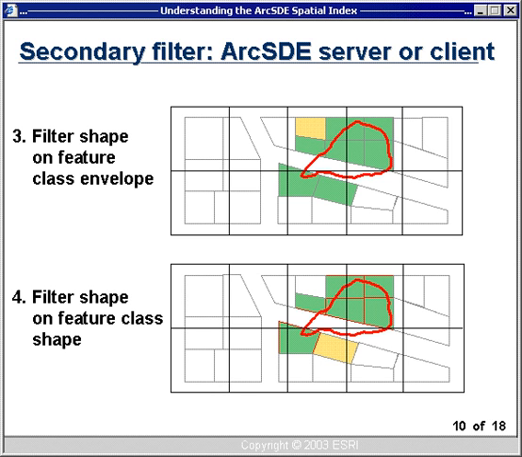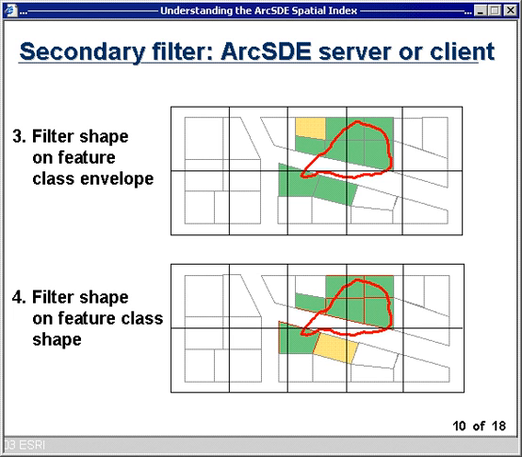Otherwise, if you're using a regular ArcSDE application server connection, these two pieces still take place on the server, but it's ArcSDE that manages this part. And the database has done its part of the job, and it's passed to ArcSDE just the features whose envelopes intersect the envelope of our spatial query.